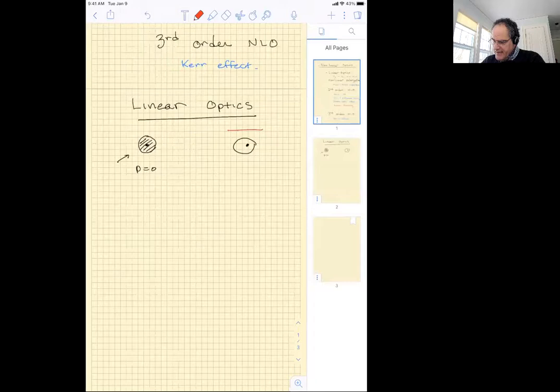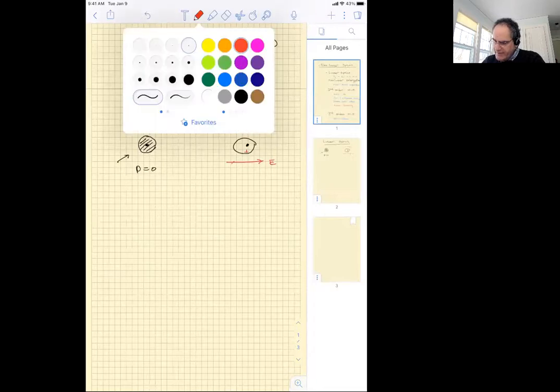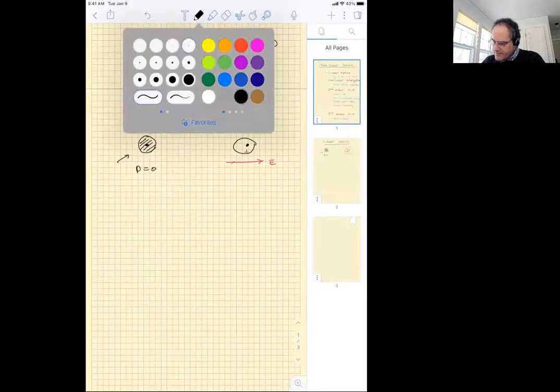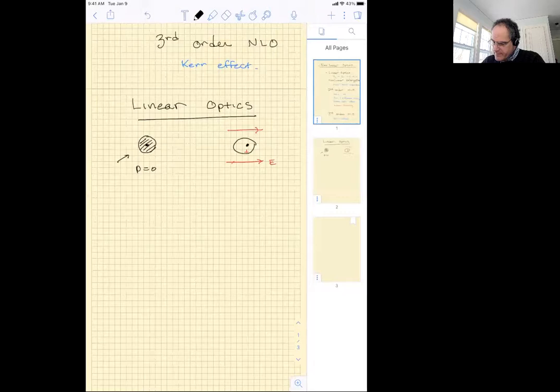So if I place the atom into an electric field, then it can polarize, which means that the average position of the positive charge and the average position of the negative charge are pulled apart. Like so, okay? And so now it gets a dipole moment.